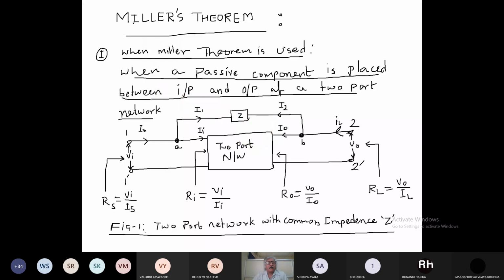Yesterday we started our discussion of the Miller theorem, and here there is figure one.